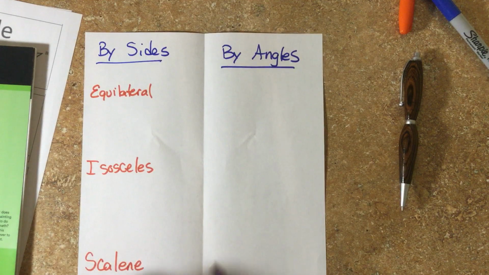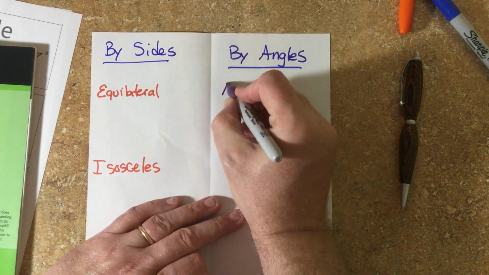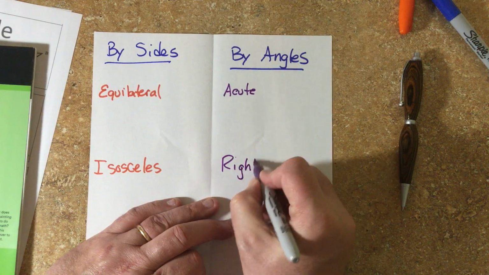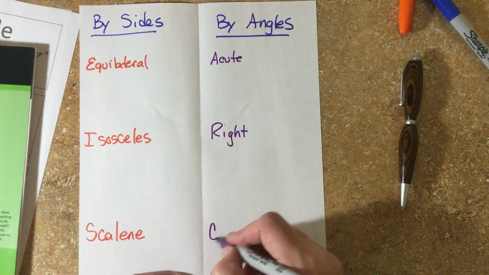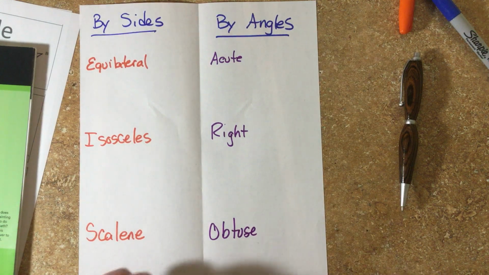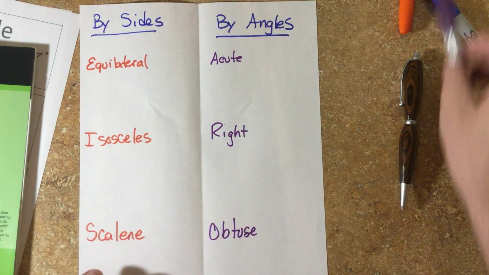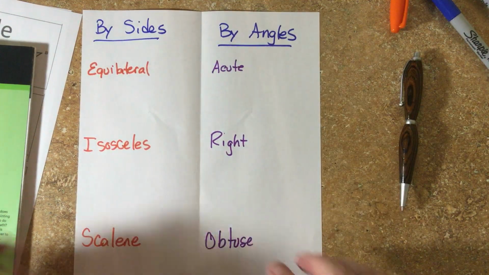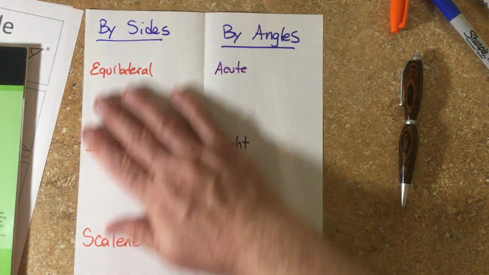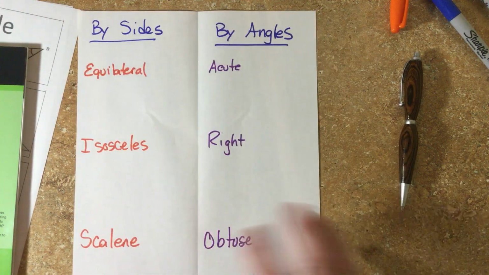And if I did by angles, I do acute, right, and obtuse. And I could include a picture and a definition as well. That's something that I would encourage you to do, is go ahead and fill this in. You could put this in your journal.